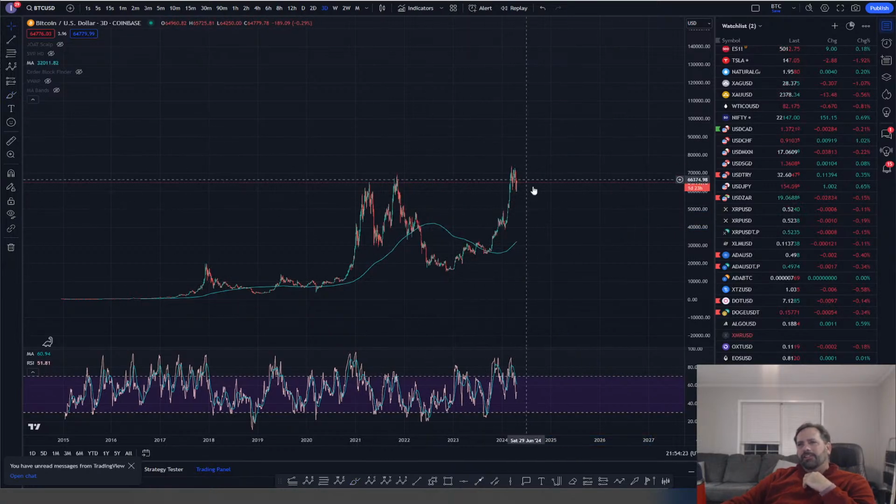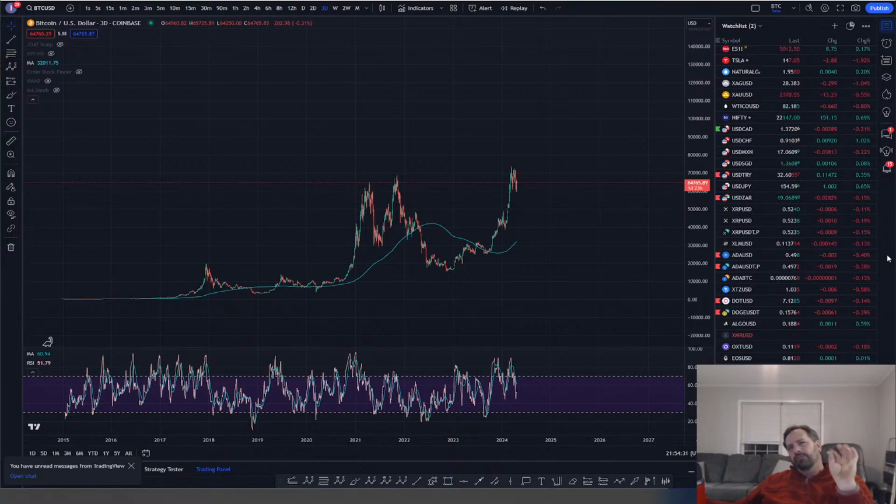I can see in this chart, I could totally see it going up, and I could totally see it going down. And you guys have to be able to see both sides as well, so you can stay as neutral and as rational as possible.